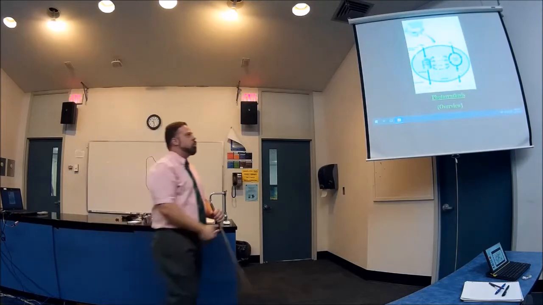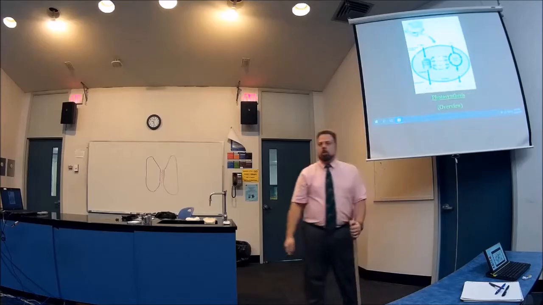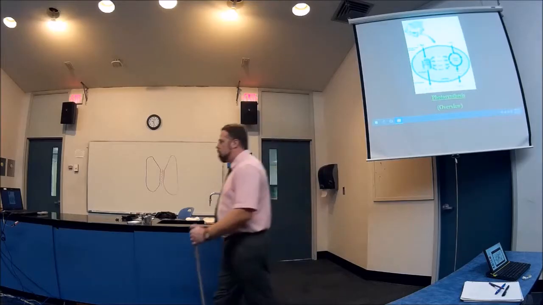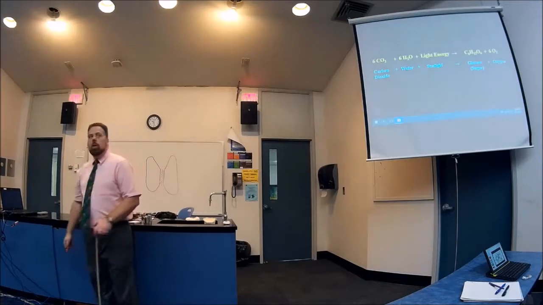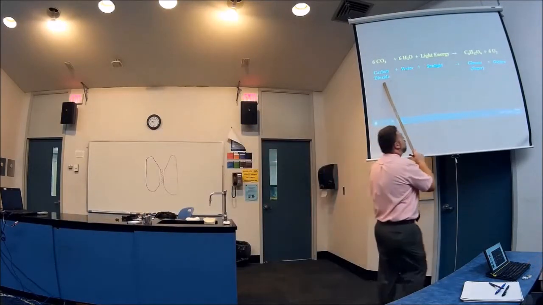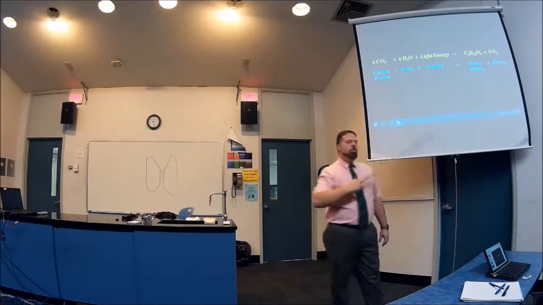All right? And this one I kind of showed you before, showing the same thing. The two parts. There's the whole reaction. All right? Notice that that's photosynthesis. The cellular respiration is going that way.